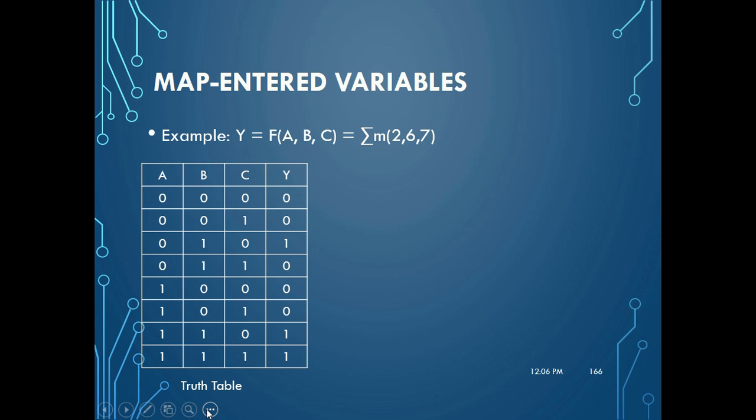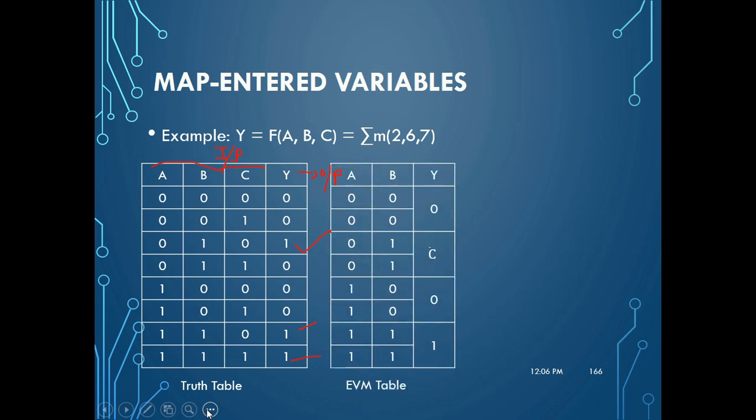A, B, C are the input variables you have, and Y is the output variable. The minterms are 2, 6 and 7. So in the 0th position you have 0, the 1st position 0, the 2nd position you have 1 here, the 6th position and the 7th position you have 1 here.